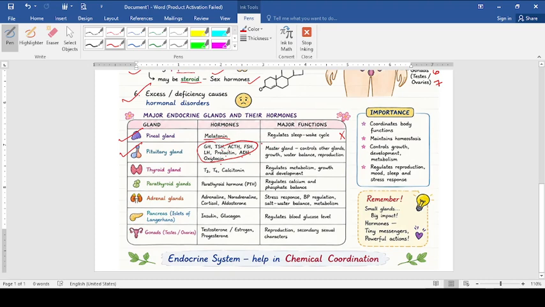There is a question in the board examination: why is the pituitary called the master gland? Because it regulates all the rest of the endocrine glands of the body. But its own function, if you are discussing, it releases somatotropin hormone, which regulates height and growth. So abnormality causes gigantism, and dwarfism because of deficiency. We will be discussing it in the next class.